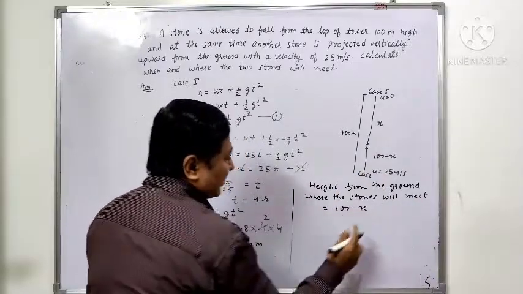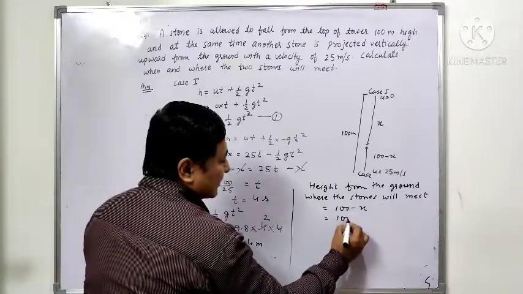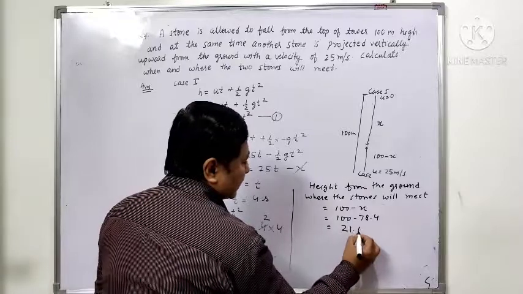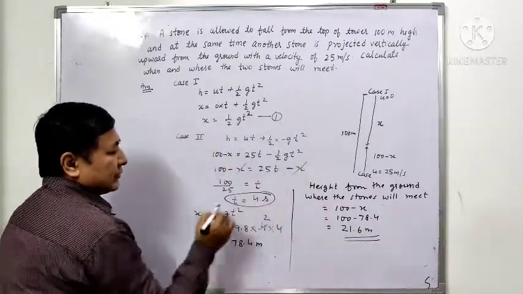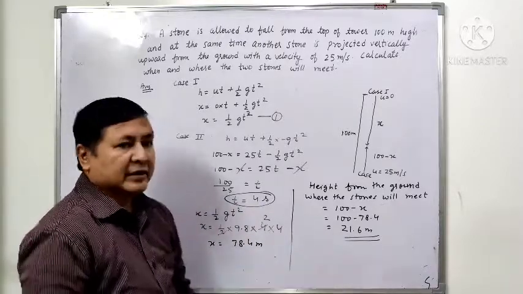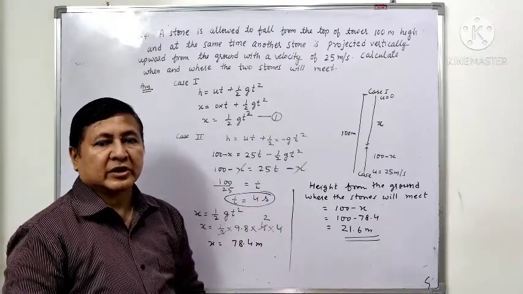And the value of x we have calculated is 78.4. So 100 minus 78.4 equals 21.6 meter. So they will meet after 4 seconds from when they are thrown, and they will meet at a distance of 21.6 meter from the ground.